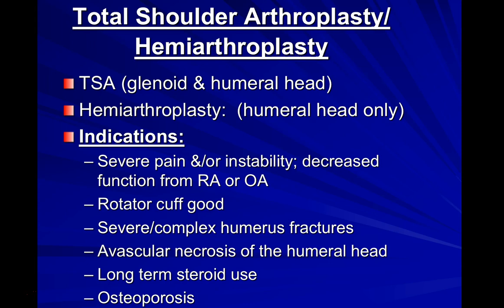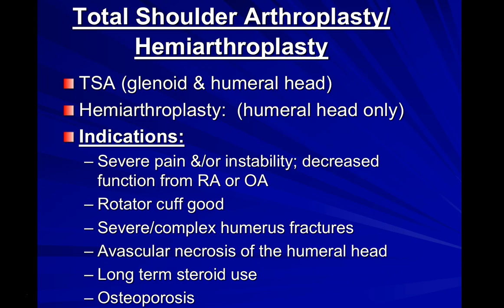So this is a patient who has severe pain or instability, decreased function from rheumatoid arthritis or osteoarthritis. These patients who get a regular total shoulder have to have a pretty good rotator cuff. So they can't have tears of the rotator cuff, especially not full tears.